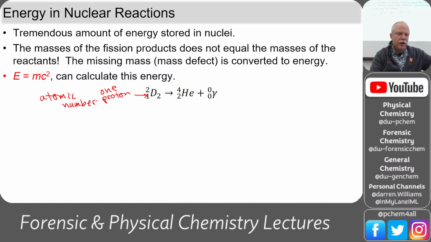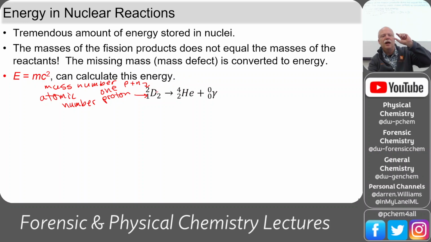This is review for you guys from freshman chemistry, but that's a while ago. And then this up on top is the mass number, which is equal to protons plus neutrons. So protons plus neutrons is 2, so that means there's 1 proton and 1 neutron. The difference between those numbers is the number of neutrons.